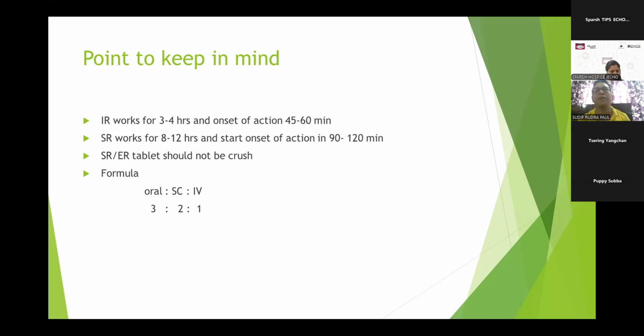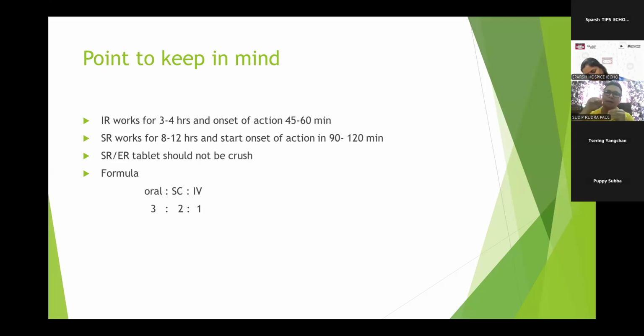So there is a little bit of formula. I will not go into the details, because there is no point; some of you have not even seen injection morphine. There is a formula for oral, subcutaneous and IV, and this is a conversion for morphine only. Oral medication will always be the higher dose.